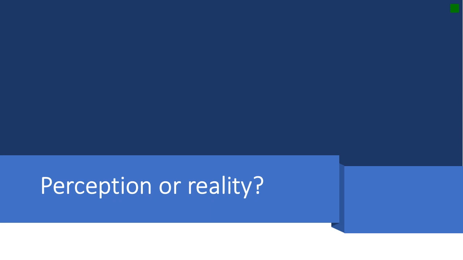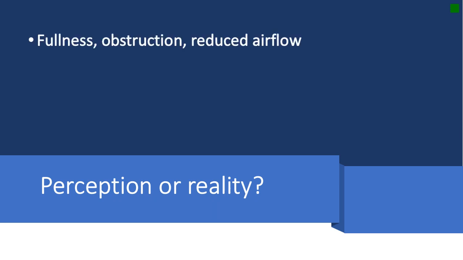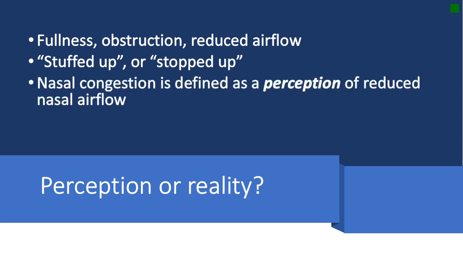Now, the first question I would like to ask is: is nasal congestion a perception or a reality? Basically, we say we have a blocked nose when we have fullness, obstruction, or reduced airflow. People use expressions such as I'm feeling stuffed up, or my nose is stopped up. So what exactly is nasal congestion?